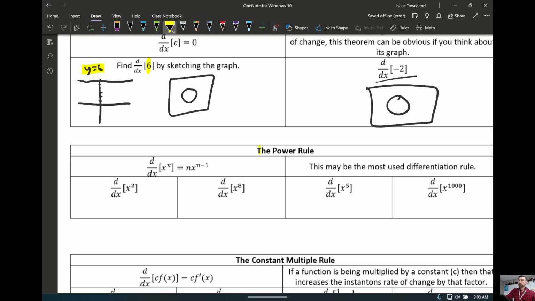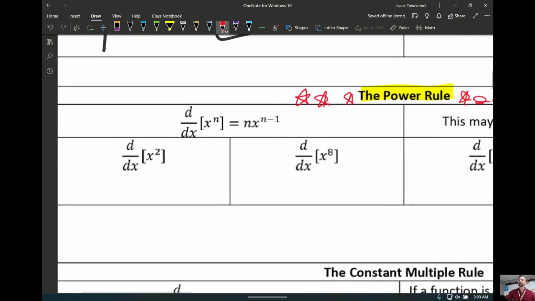Okay, probably the biggest one, and I'd actually be surprised if a few of you haven't heard of the power rule before, but the power rule is probably going to be our most used calculus thing, period, not just derivatives. But the power rule says if you want to take the derivative of x to some n power, that's the same as n times x to the n minus 1.